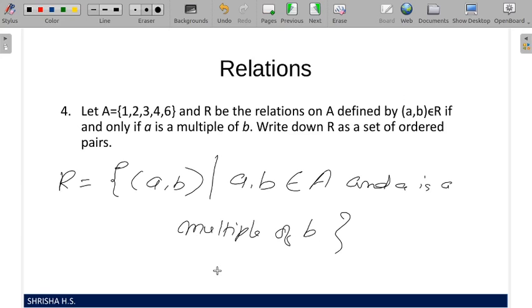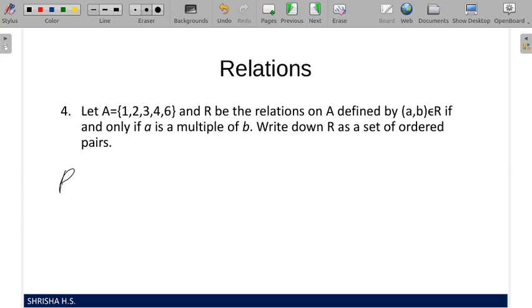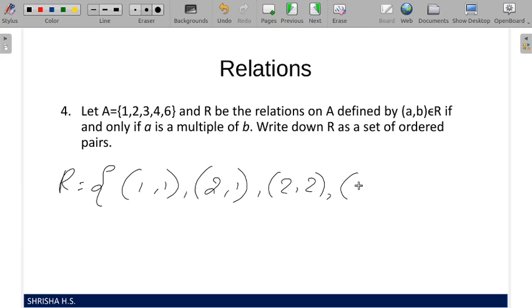Okay, so let's start listing our relations. 1 is a multiple of 1, 2 is a multiple of 1, 2 is a multiple of 2, 3 is not a multiple of 2, right?